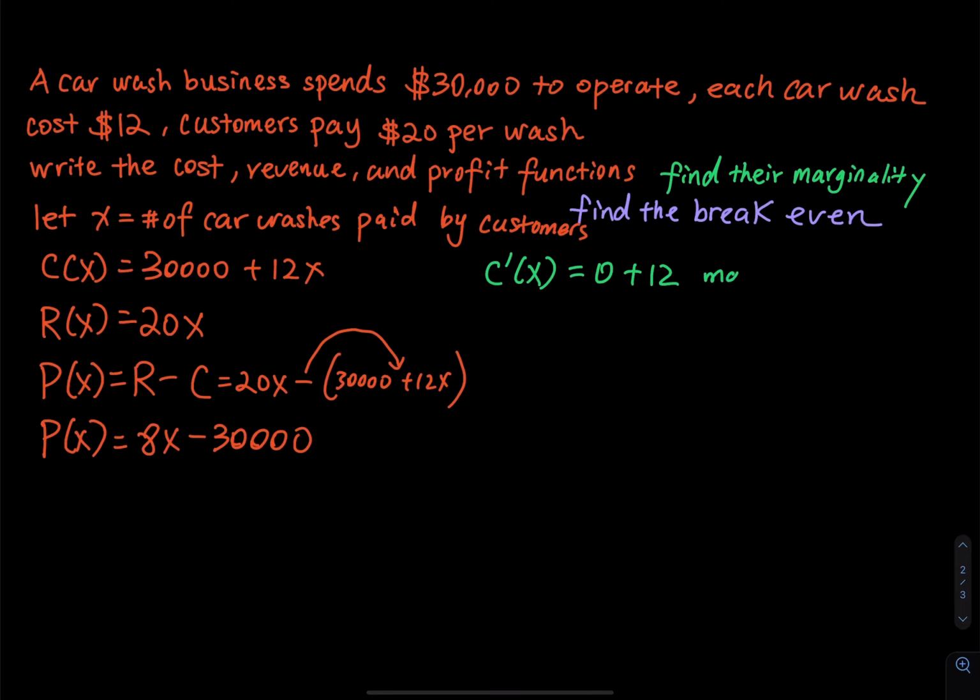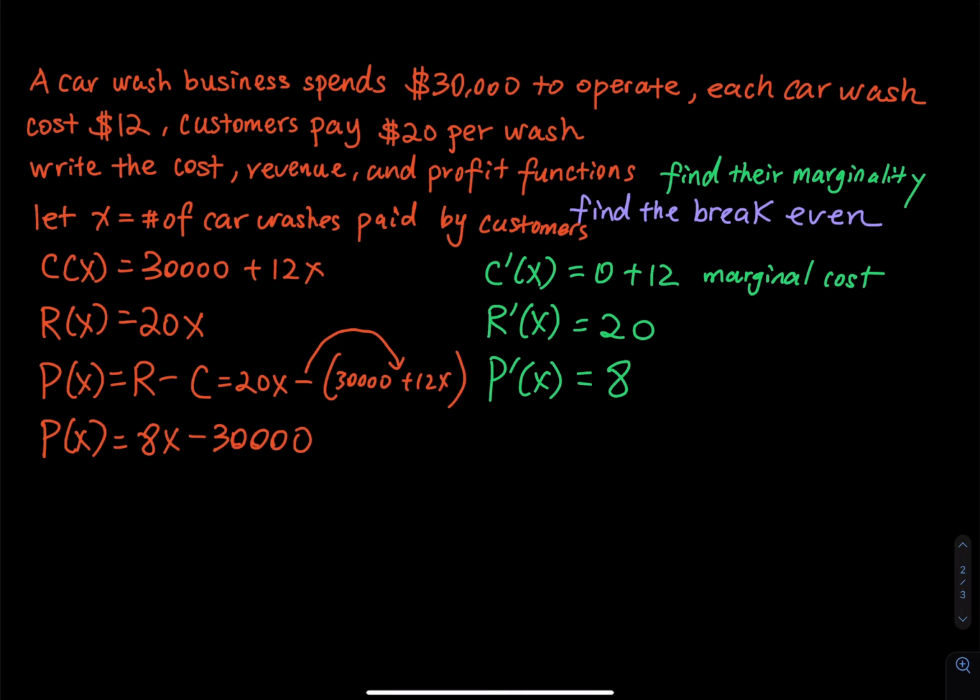So you are using one function to describe the cost, and one function to describe your marginal cost. And then R prime of x equals 20. And then P prime of x equals 8. It is just that easy.